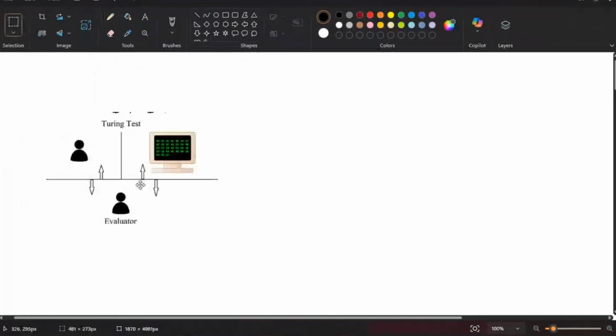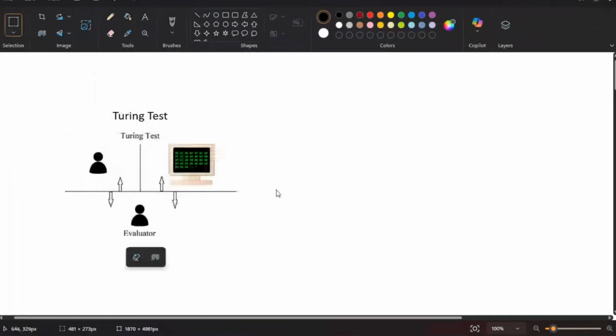If you see this image, there is one human and one computer on one side, and on the other side there is a person called the evaluator. The evaluator, who is a human, asks open-ended questions to the other two, with the goal of determining which one is the human. If the evaluator cannot make a determination, then it is presumed that the computer is intelligent.